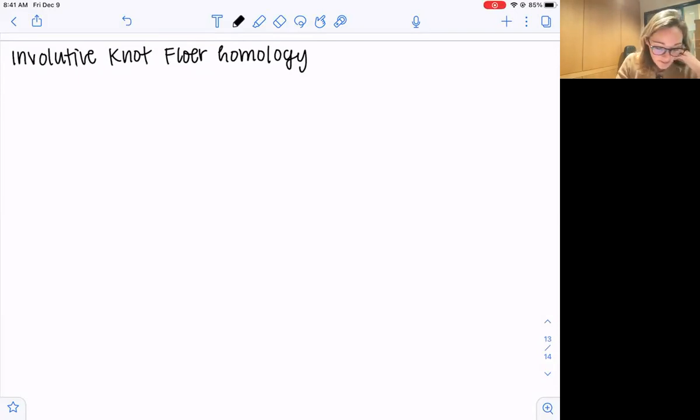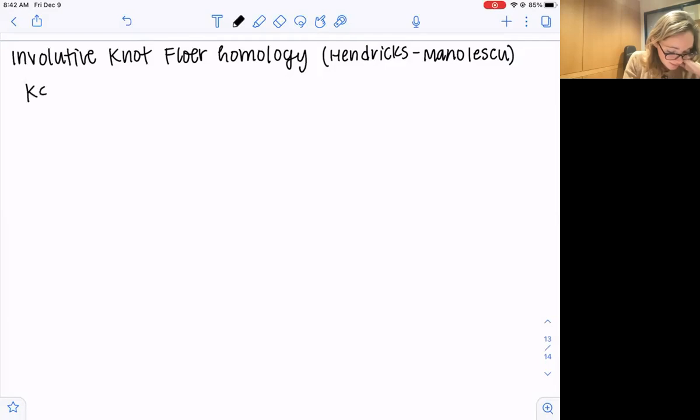Involutive knot Floer homology is a theory due to Hendricks and Manolescu, and it's another refinement of Heegaard Floer homology. This time, what we do is take some knot K in S3, although it's more generally defined, but for us our knots are all in S3.